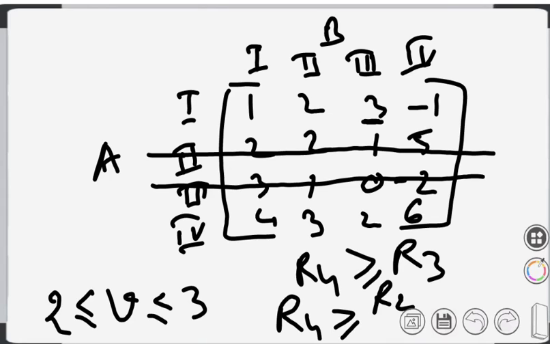The point can be obtained by the intersection of two straight lines. So those two straight lines, those two strategies, will remain. Other strategies will be neglected.